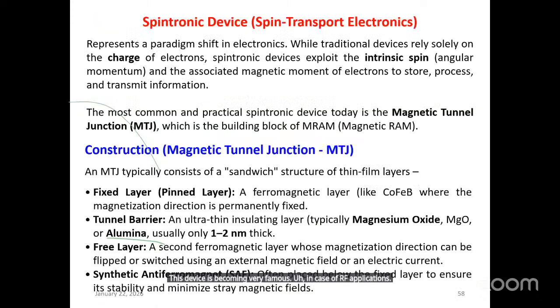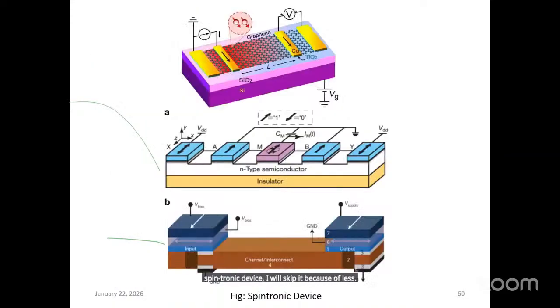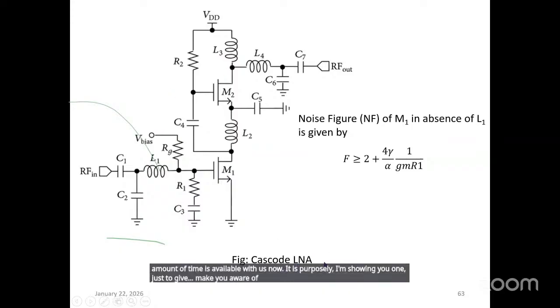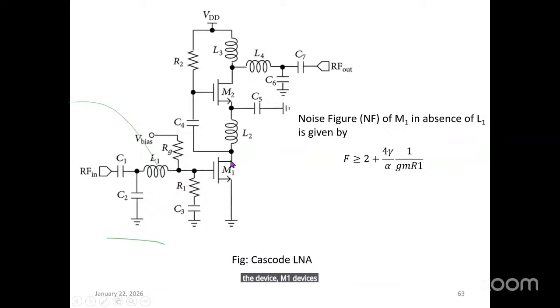The spintronic device, I will skip because of the little time available now. I am purposely showing you one circuit just to make you aware of what is meant by a low noise amplifier. The devices M1 and M2 are associated with different inductors and capacitors. This is the way an RF amplifier is designed and manufactured.